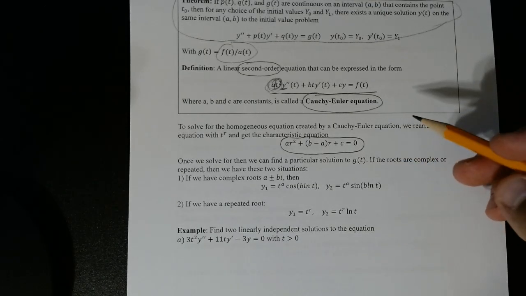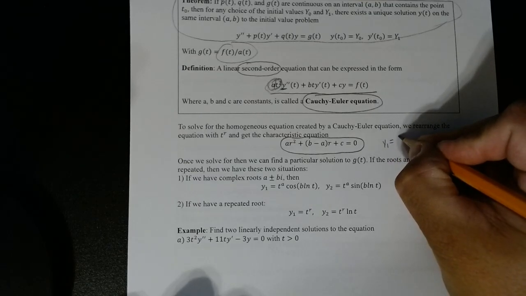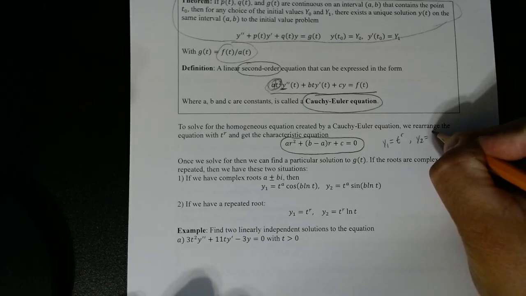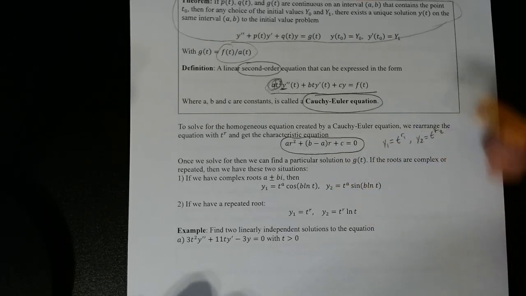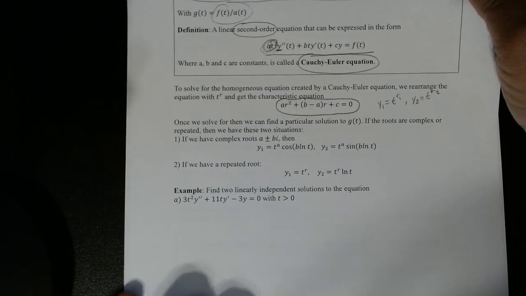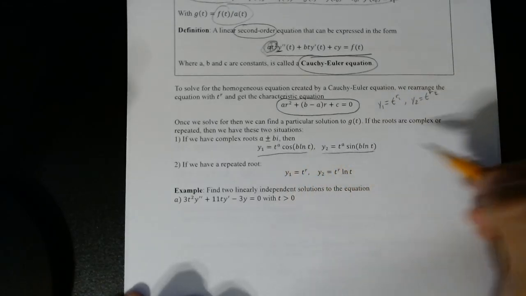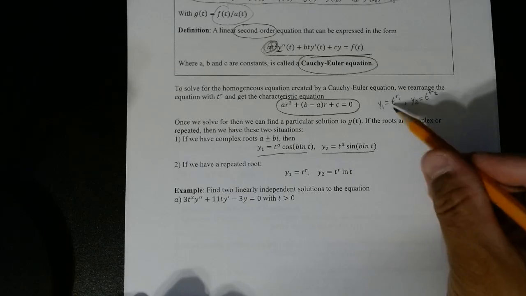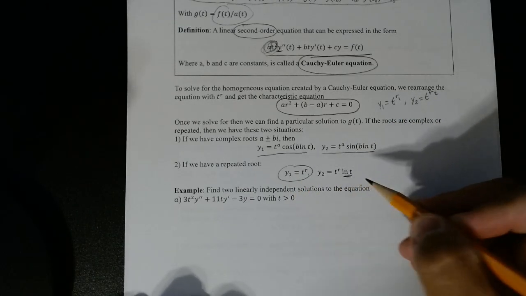If we have distinct solutions, our y1 and y2 are just going to be t to the r power, where we'll call the roots r1 and r2. If we have imaginary numbers in our characteristic equation, it's going to look like this for y1 and y2. And finally, if we have repeated roots, it's the same as what we do for the distinct case, however, ln of t is added on top of it.